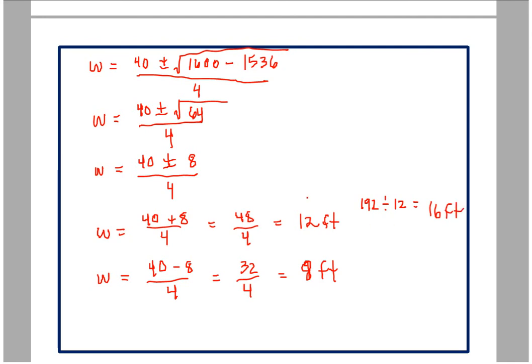So one set of dimensions would be a width of 12 and a length of 16 feet. Now the other one, if the width is 8 feet, then we have 192 divided by 8, which is 24 feet. So the other set of dimensions is 8 feet by 24 feet.